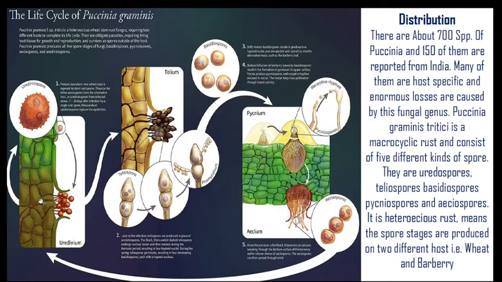So this is the cross section through the leaf, and these red filaments are fungal hyphae, and here is the development of spores, so the spores come outside of the leaf epidermis.